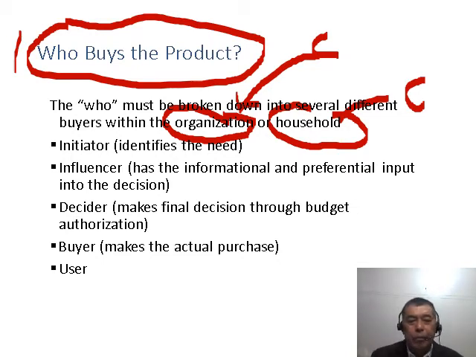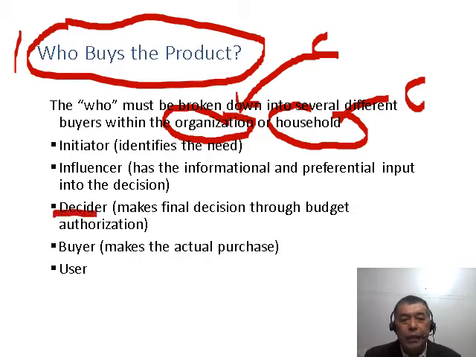There are some buyers who are termed influencer, and who are they? These are customers that need necessary information, details, facts, so that they can be aided in their consumer buying behavior. There is also a decider.